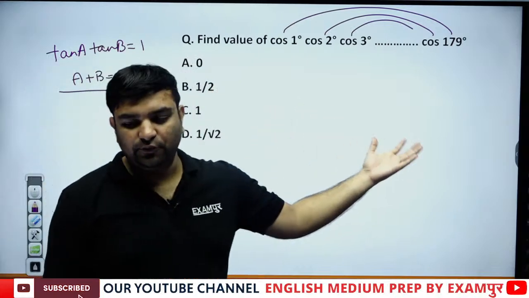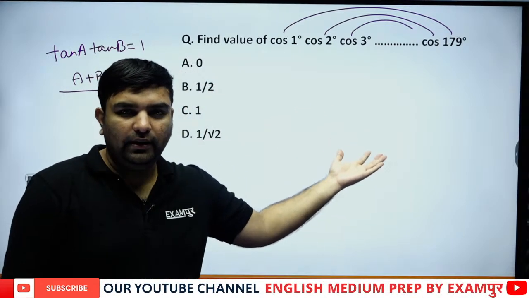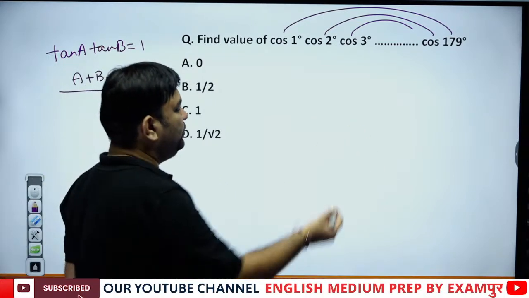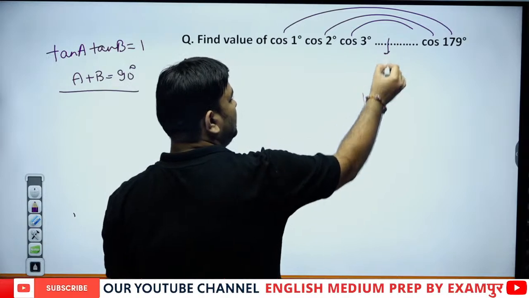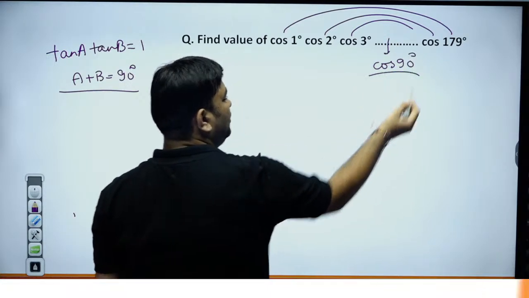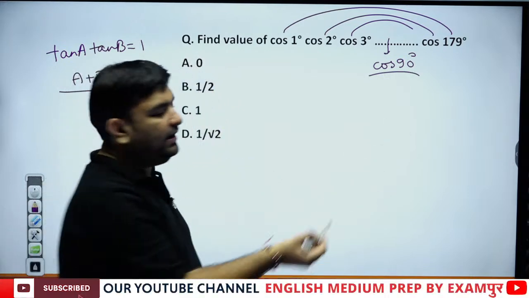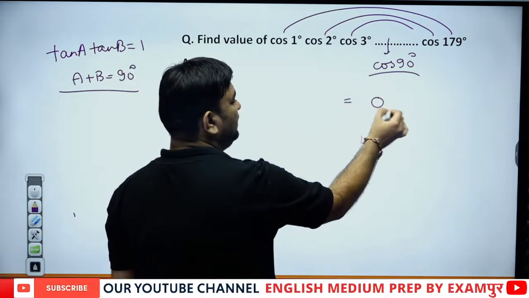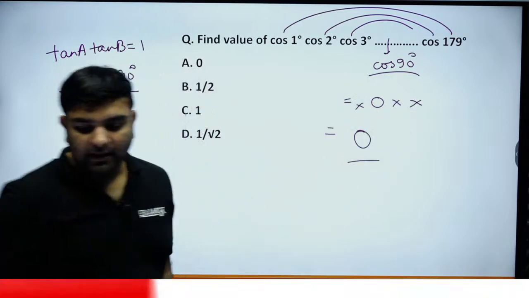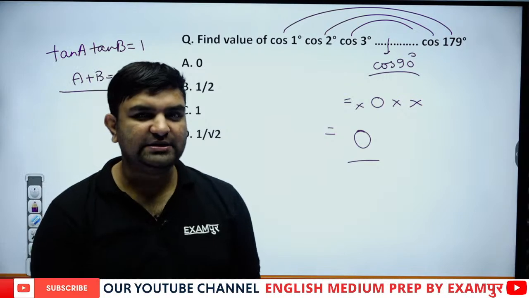Then how would this be made? This was a googly. This would be made with the help of cos 90 in between, and cos 90 is equal to 0, and 0 multiplied by anything is 0.